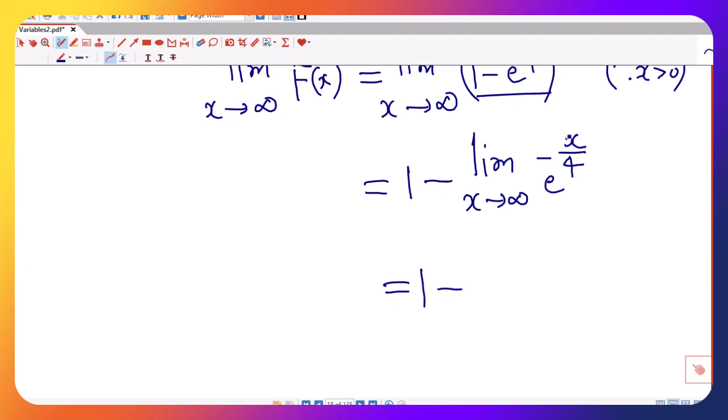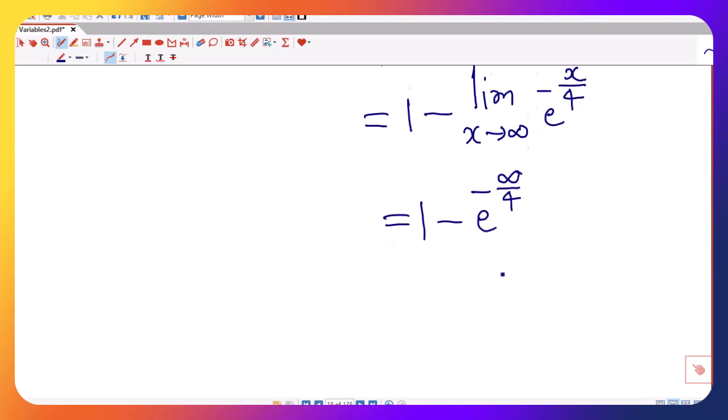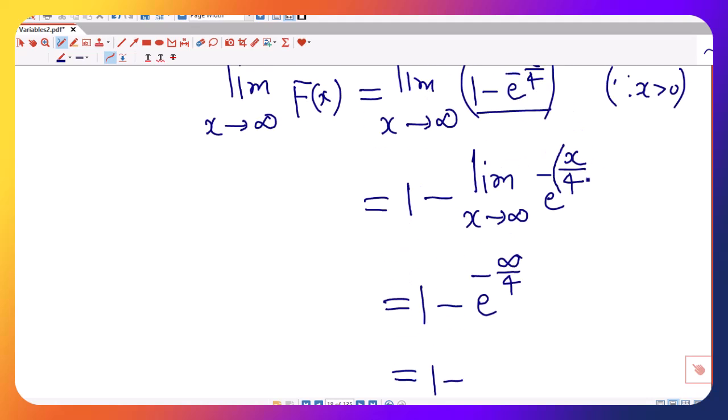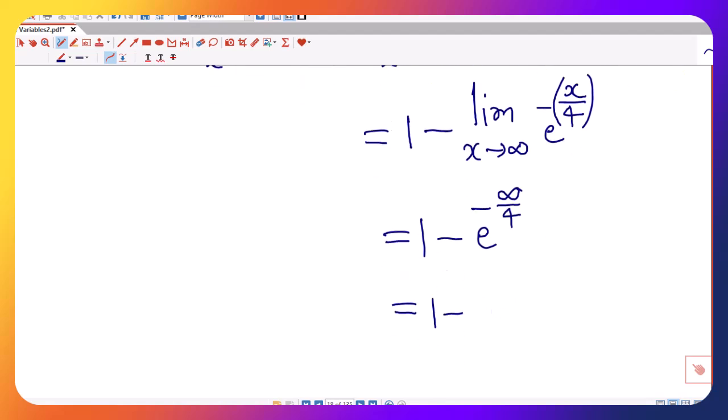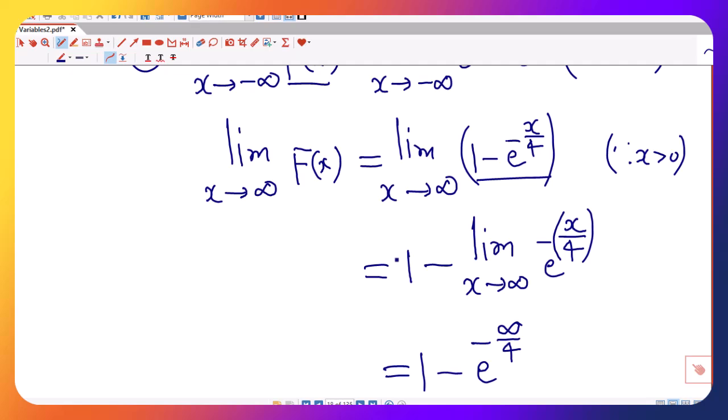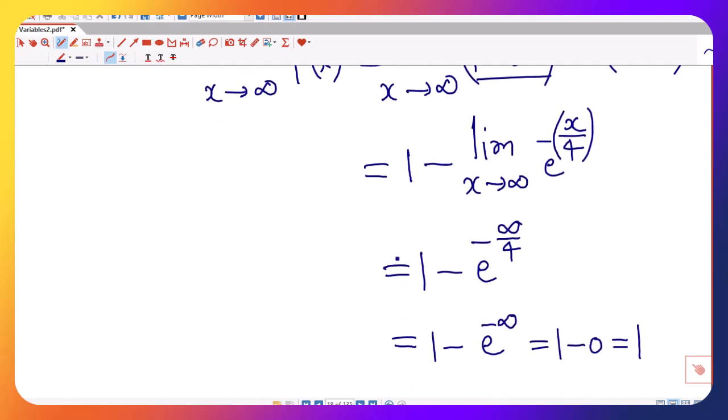Now if we consider infinity here, then I will have minus infinity by 4 because x is approaching infinity and x is positive. And minus infinity by 4 is minus infinity, and e raised to minus infinity is 0, therefore we obtain 1. So this property is also satisfied, that limit of F(x) as x approaching minus infinity is 0 and limit of F(x) as x approaching infinity is 1.